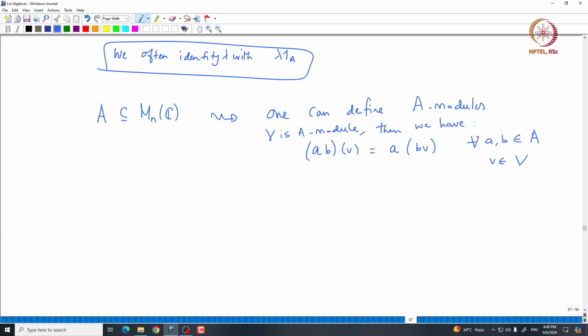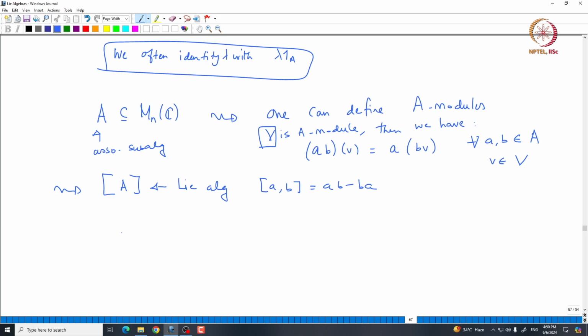Now using this, suppose we think of this A as a Lie algebra. This is an associative subalgebra, and from this we are considering the Lie algebra structure, where the Lie product is given by AB minus BA. Now if we take this Lie algebra, then the same module V, which is an associative algebra module, can also be treated as a Lie algebra module.